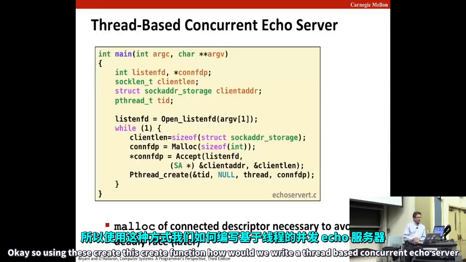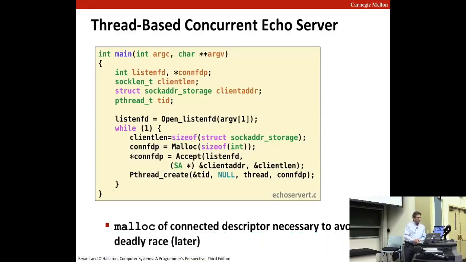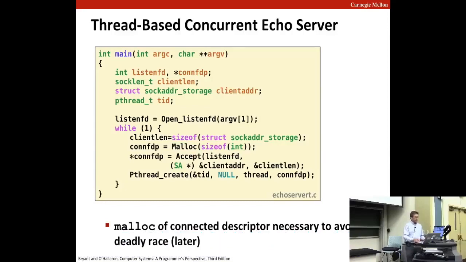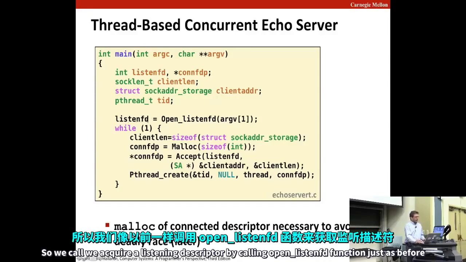Using this create function, how would we write a thread-based concurrent echo server? Again, it's very similar to the way we did it with the process-based design. We acquire a listening descriptor by calling our open_listenfd function just as before.